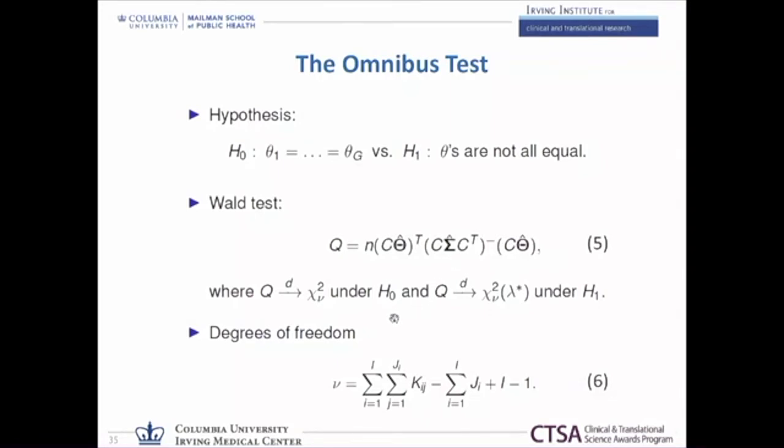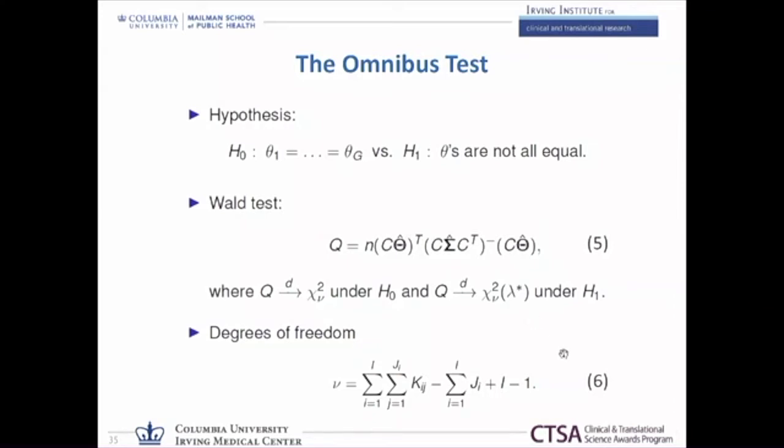Under the null hypothesis, Q, the test statistic, follows a chi-square distribution with degrees of freedom nu, while under the alternative hypothesis, Q follows a non-central chi-square distribution with non-centrality parameter lambda star.